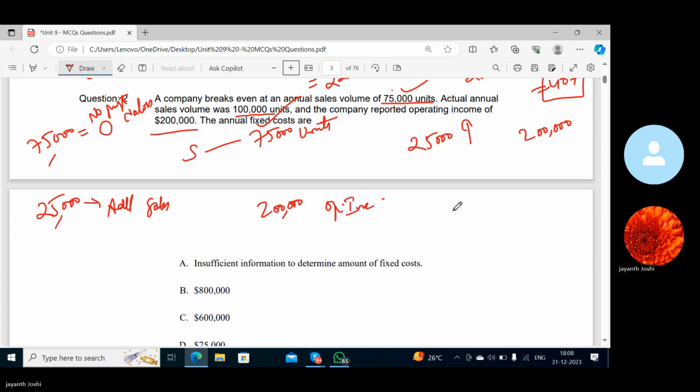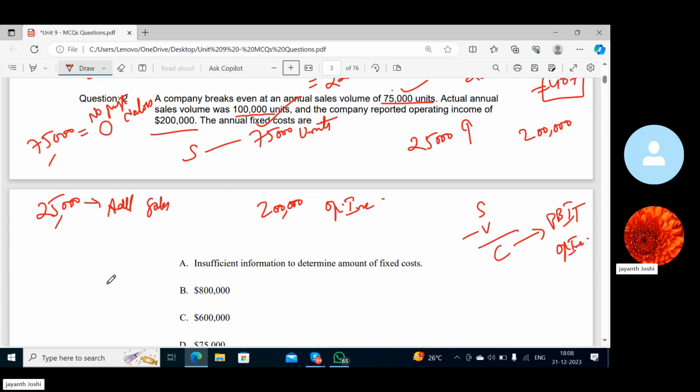Now what is the margin? What is the operating income? Operating income is also called contribution. Sales minus variable cost is contribution. This is also called PBIT at times, or operating income.